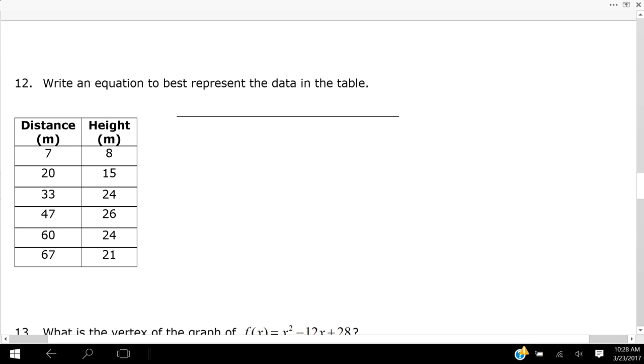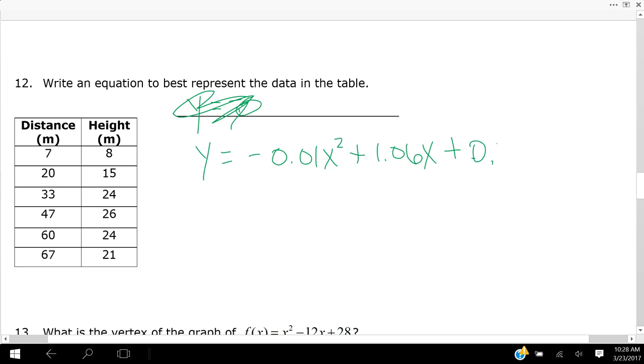Okay, number 12. Put it in your calculator. Equals -0.01 x squared plus 1.06 x plus 0.24.